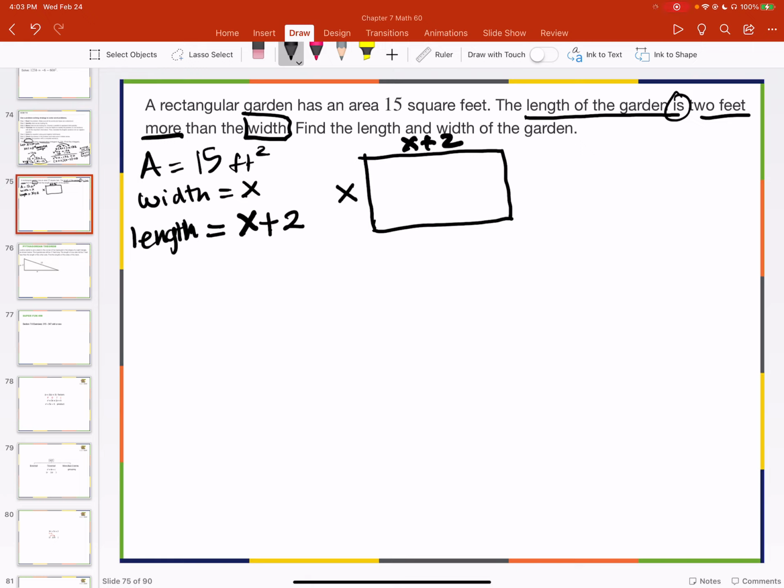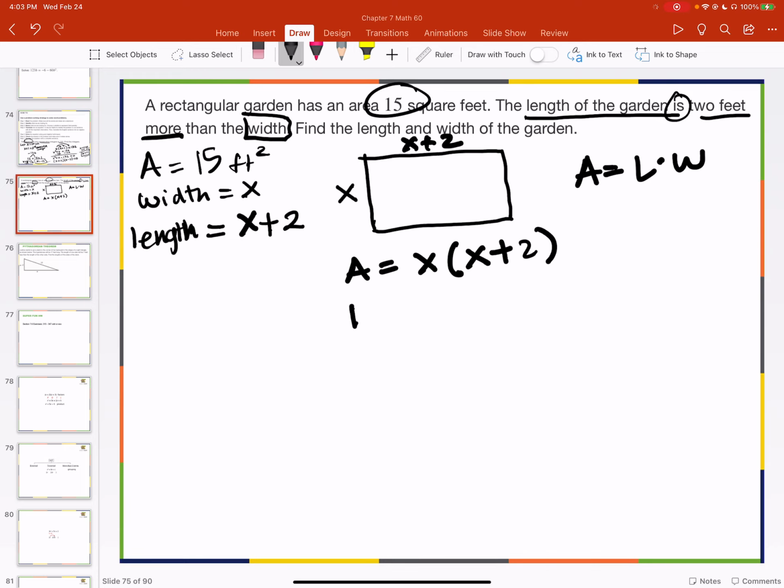The area, what's the area of a rectangle? Base times height, or length times width, right? So area is x times x plus 2, or x plus 2 times x. It really doesn't matter as long as you multiply them. And then the area is 15, so I can write 15 is equal to x squared plus 2x.